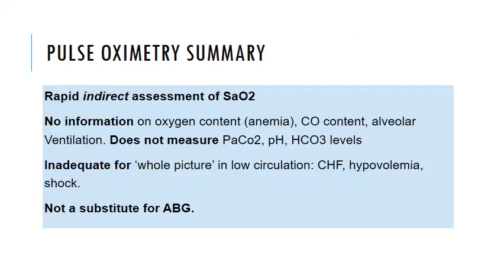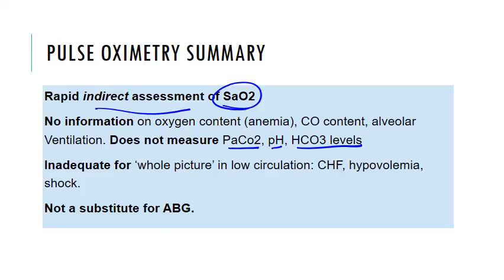The problem with pulse oximetry is that it is an indirect measurement of SaO2. There is no direct information about hemoglobin concentration, for example, oxygen content, carbon monoxide content, or even alveolar ventilation. It also doesn't measure PCO2, pH, or bicarbonate levels.